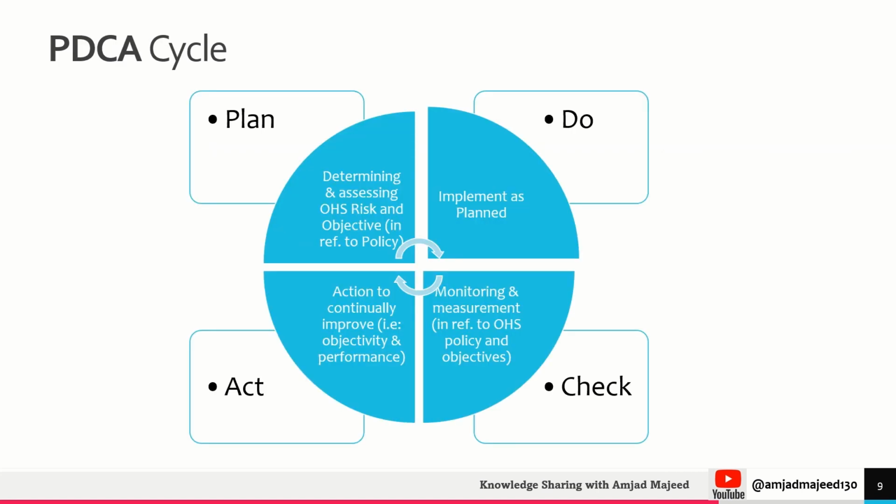Now it has the PDCA cycle like all other management systems as well. The plan, do, check, act. So in the plan part, normally what we do in an occupational health and safety management system is look into the hazards and risks at the workplace, and we try to make the plans for how we can counter those, and all these should be in reference with the policy that is again required by the management system.